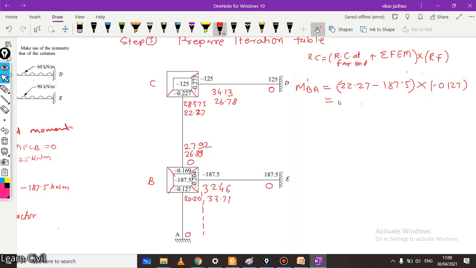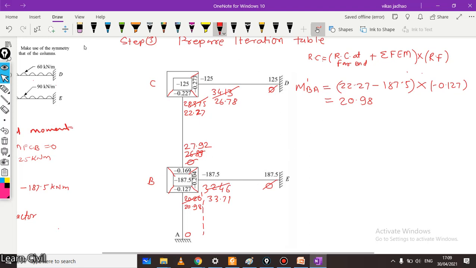So this will be equal to 20.98. Just write down this value here, 20.98. You can also cut these older values if they make some confusion.